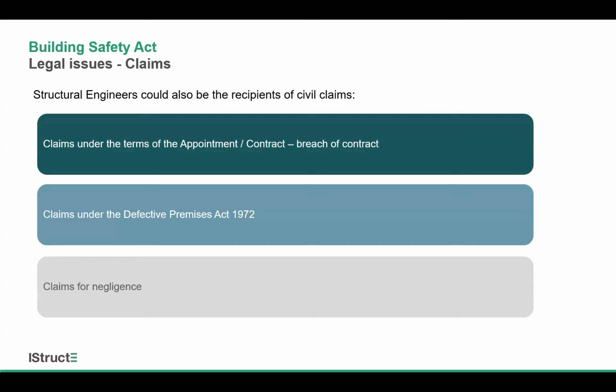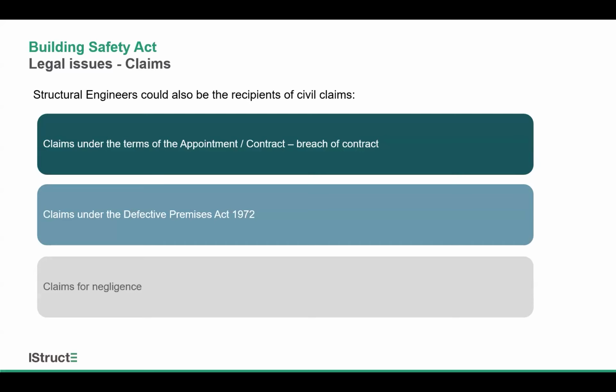So in summary, therefore, the BSA undoubtedly significantly increases the risk profile for structural engineers. The combination of the new duties, extended limitation periods, and stricter safety regulations may lead to more claims against engineers.